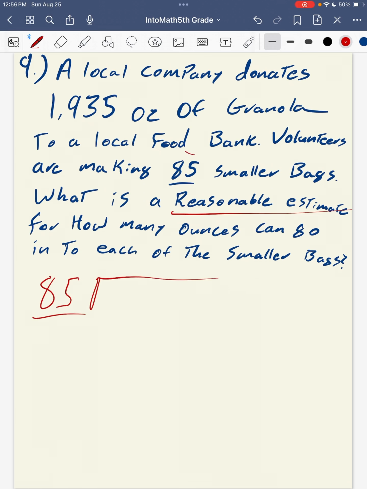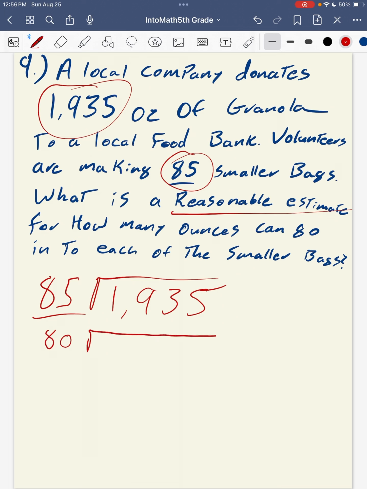So, looking at our problem, I find that our divisor is 85, that's the number we do know, and our dividend is 1,935. Using compatible numbers, let's say this could go to 80, and this could go to 2,000. How many times can 2,000 go in?